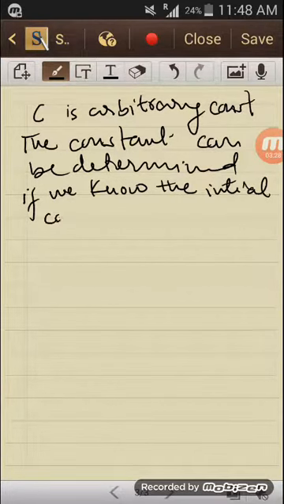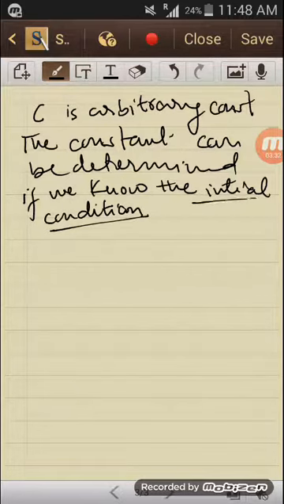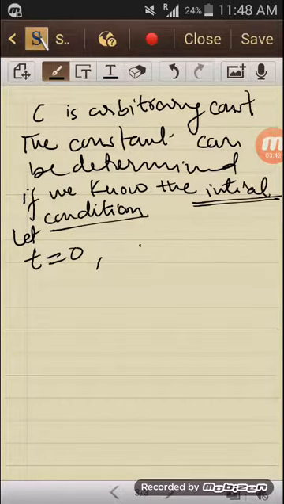Now focus on the initial condition. So suppose at t equal to 0, we have velocity v equal to say u. This is your initial velocity.